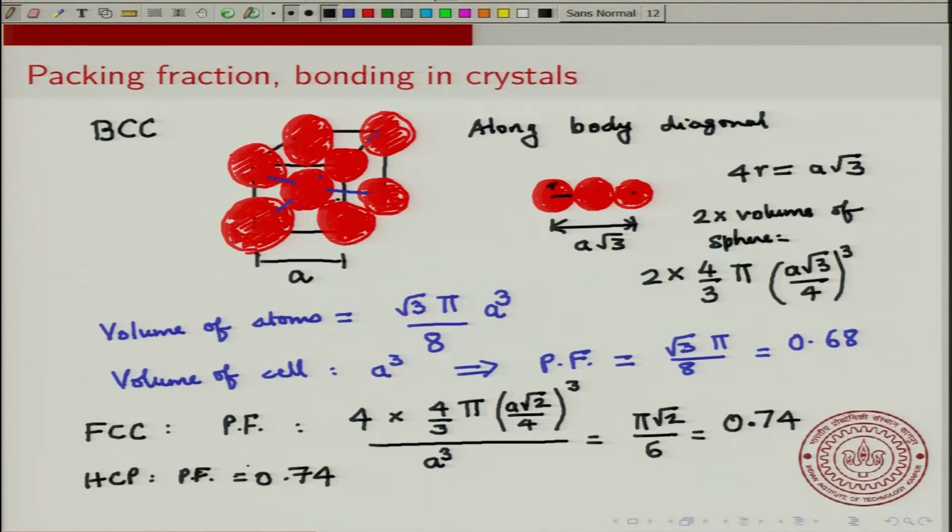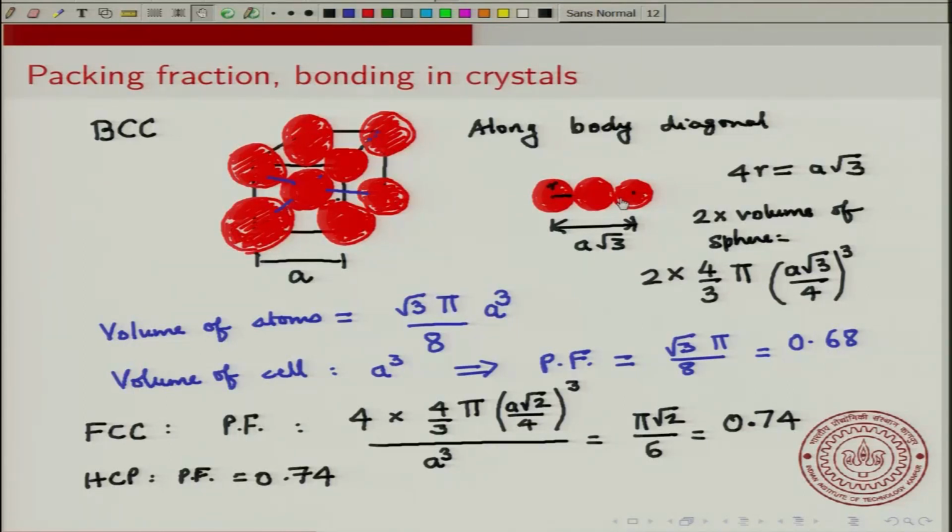Now, in this whole calculation, you notice that we have treated these atoms as hard spheres that just touch each other, but are not going into each other or distorting. So this picture inherently assumes that the atoms are spherical objects.